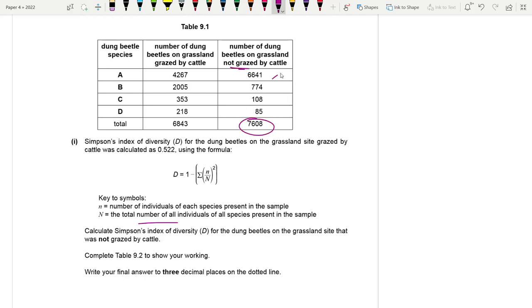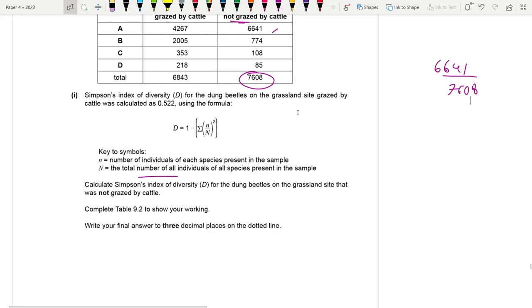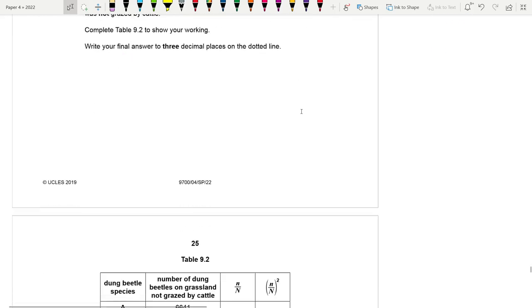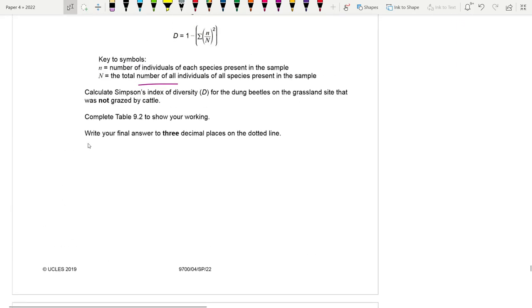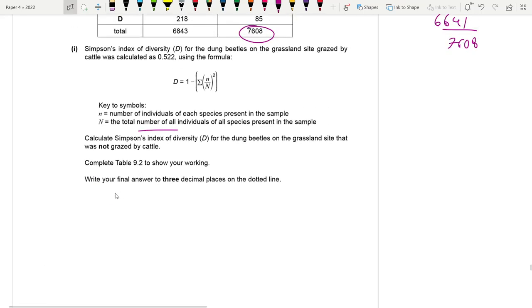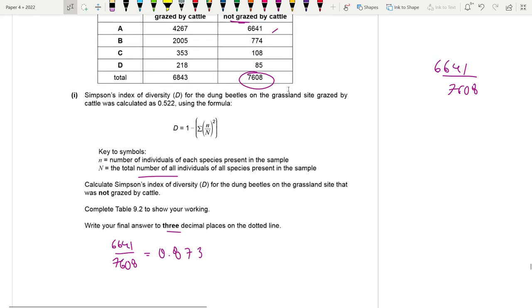So for A, it's going to be 6641 divided by 7608, which is 0.87289. Oh, we need to show our working. So 6641 divided by 7608, to 3 decimal places, right? 0.873.